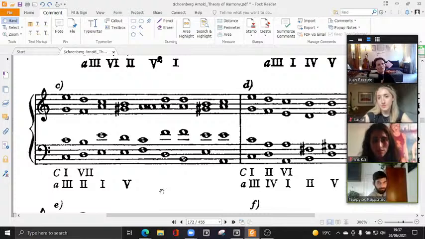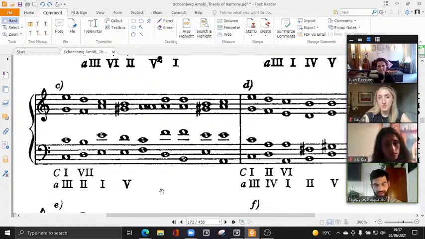Yes, the same minor. Why so smart, Georgios? Because it does start with a cadence. It has 2, 1, 6, 4, 5, which would have been enough because it's a cadence.